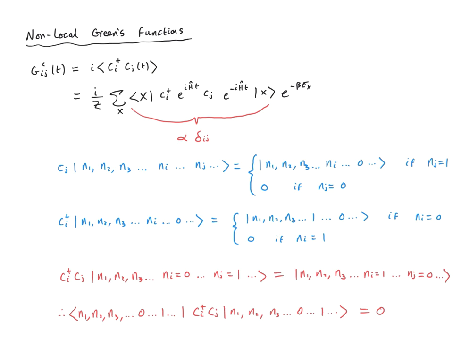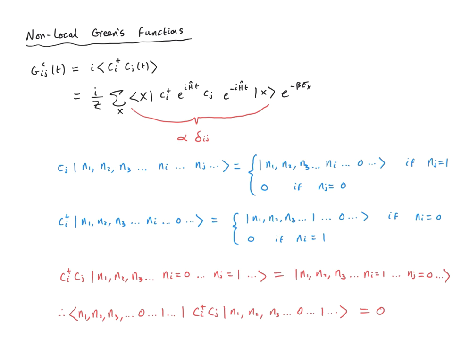Fundamentally, this is because the Hamiltonian conserves the individual particle numbers of the different orbitals, and this operator, c i dagger c j, is changing the orbital occupation of the two sites i and j. In our Green's functions, we have additionally these time evolution operators, but you can easily put those in yourself and convince yourself that this argument goes through.